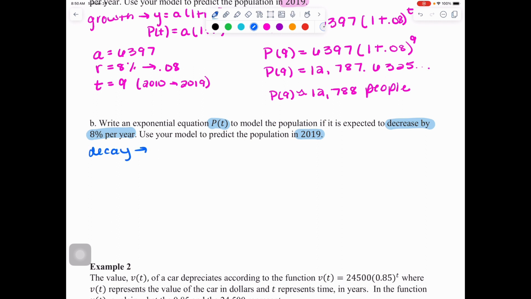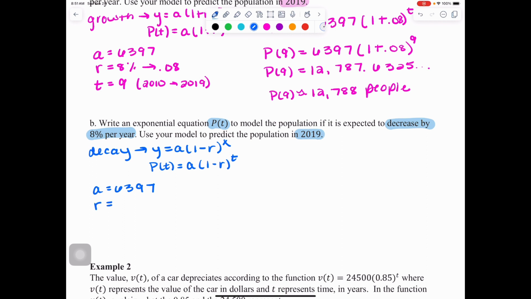So the original formula I gave you was y equals a times 1 minus r to the x. Because we're using P of t here, that would change to P of t equals a times 1 minus r to the t. So we're just changing our y and our x because it's function notation. My initial amount is still the 6,397 number.